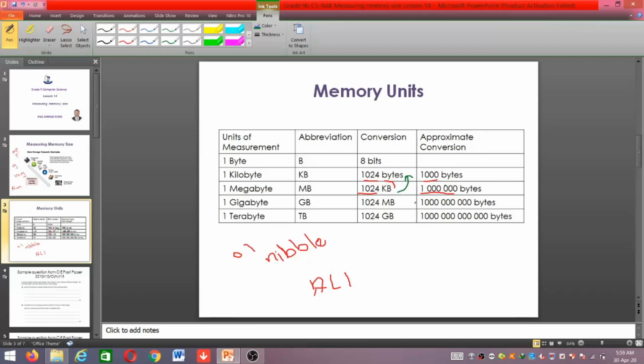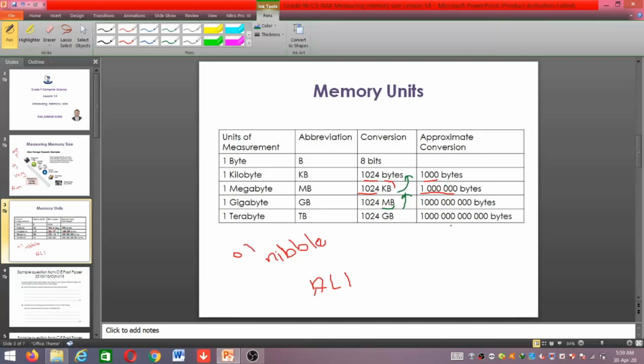Okay, likewise 1 GB is equal to 1024 MB, and you know what MB is, right? So it is million bytes, and 1 TB or terabyte is equal to 1 trillion.